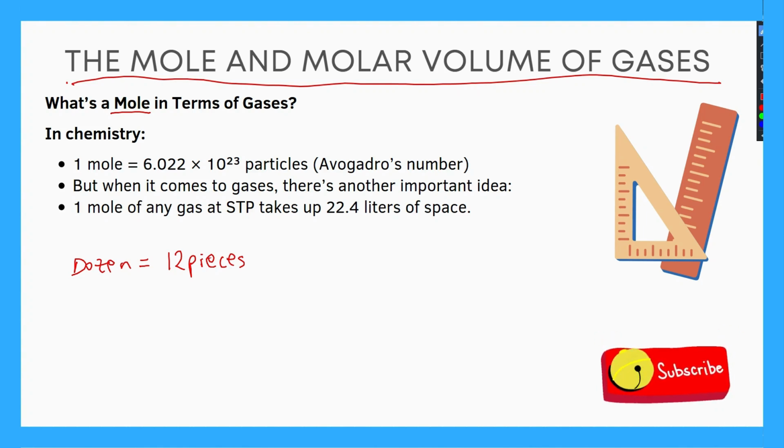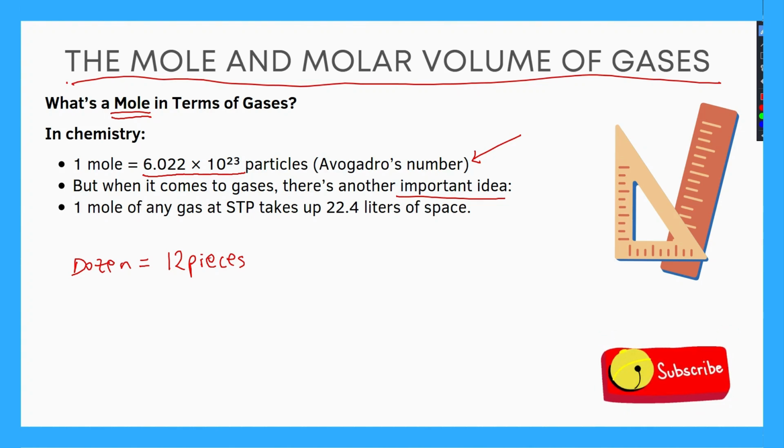In the same way, whenever we use the word mole in chemistry, we are referring to 6.022 multiplied by 10 raised to power 23 particles. And that is given to us by the Avogadro's number. That is where the concept of the mole comes in. And when we are talking about gases, there is another important idea you need to have at the back of your mind.